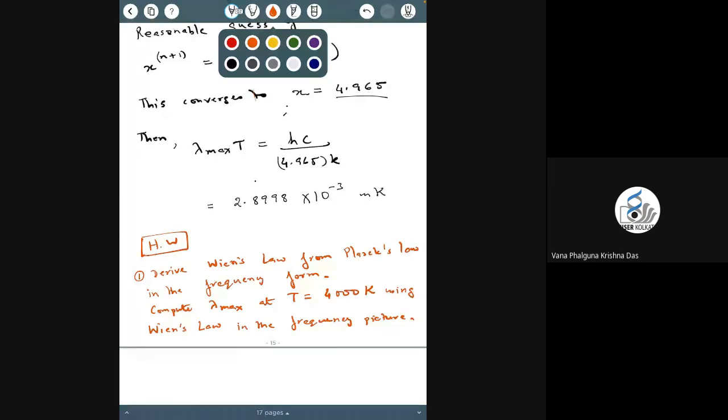Ma'am, I had a question on the Planck's law derivation. Didn't anyone question Planck as to why he used the Boltzmann distribution? I don't know that. Maybe someone did.